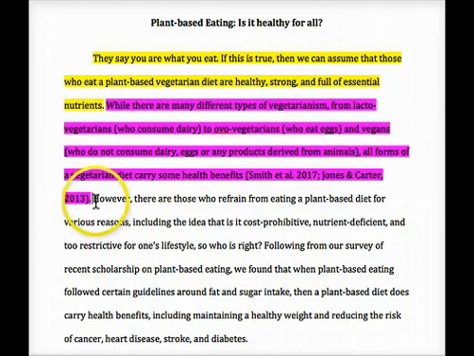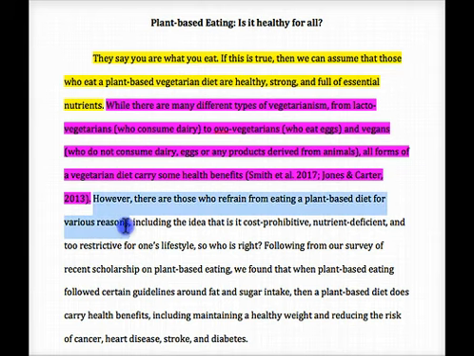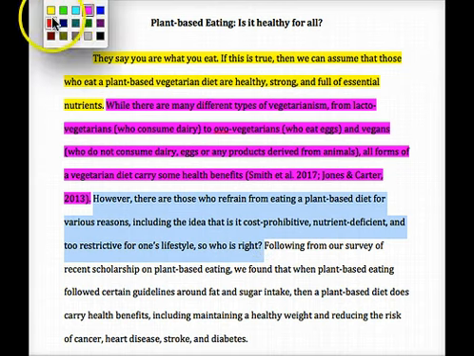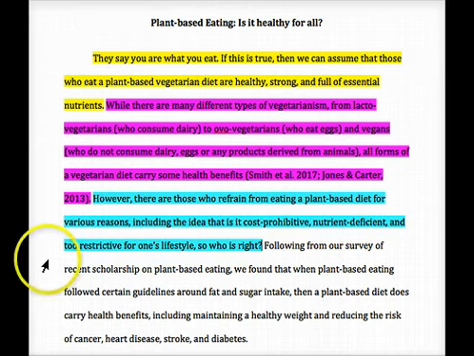And then the next sentence here: however, there are those who refrain from eating a plant-based diet for various reasons, including the idea that it is cost prohibitive, nutrient deficient, and too restrictive for one's lifestyle. So who is right? Okay, so we'll just label that one. In this case, they're clearly presenting some counter arguments as well.